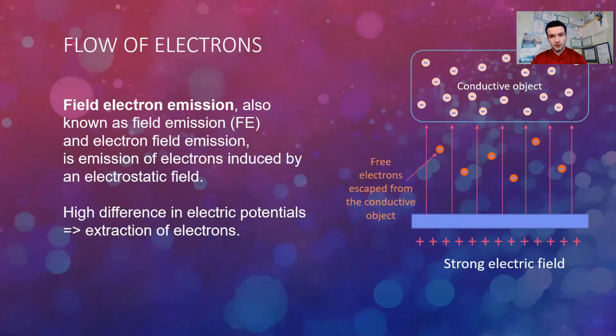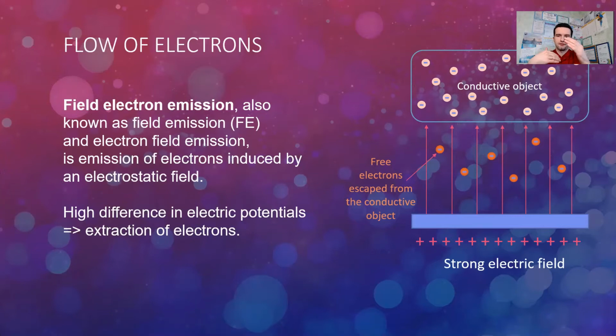So the first step, the first effect that we need to talk about is called field electron emission, also known as simply field emission or electron field emission, etc. This process happens when there is a strong electric field applied to some conductive object.